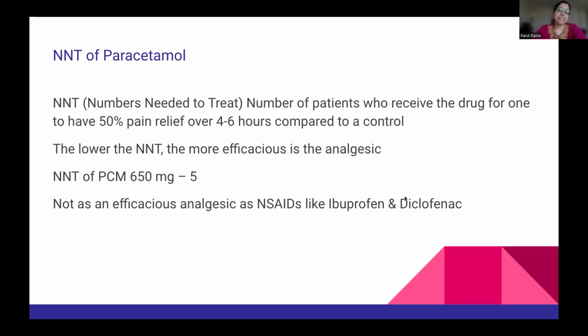Coming to the NNT. NNT is the number of patients who need to receive the drug for one patient to have 50% pain relief. For example, we have started the treatment with drug A, and we see that only after the 4th patient, the patient says that his pain has improved by 50%.